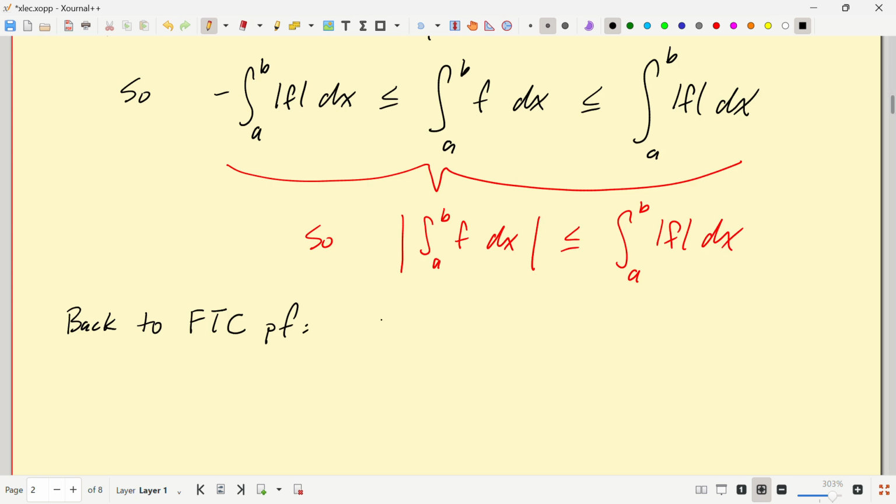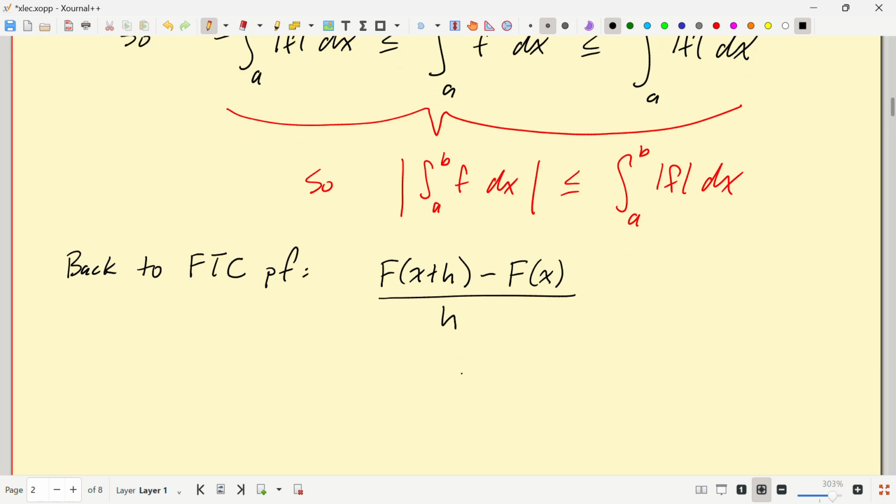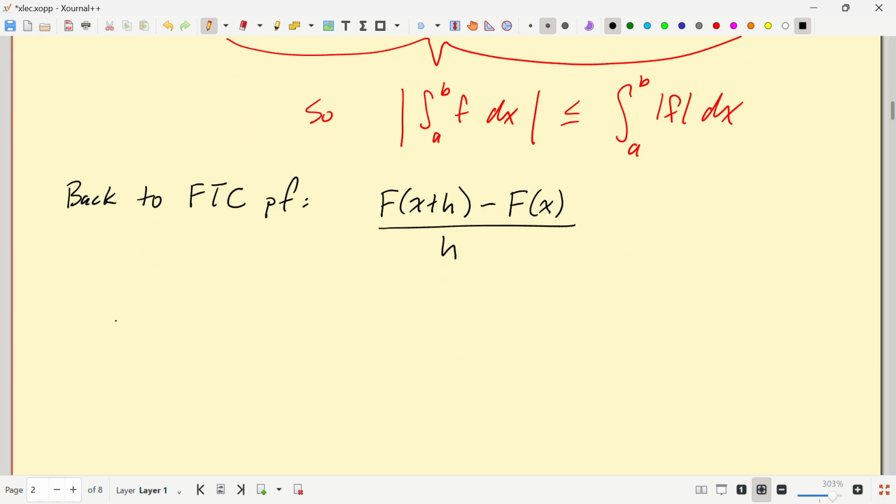Notice that if I take f of x plus h minus f of x, over h, that would be 1 over h times an integral from a to x plus h of f dt, minus an integral from a to x of f dt.